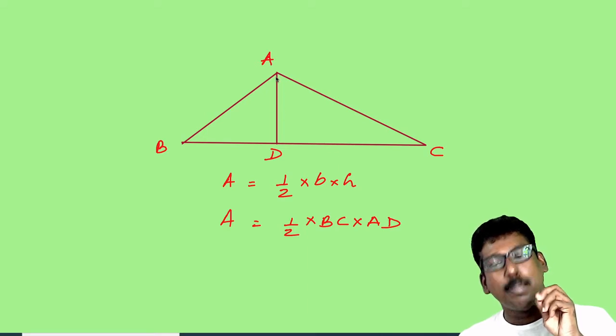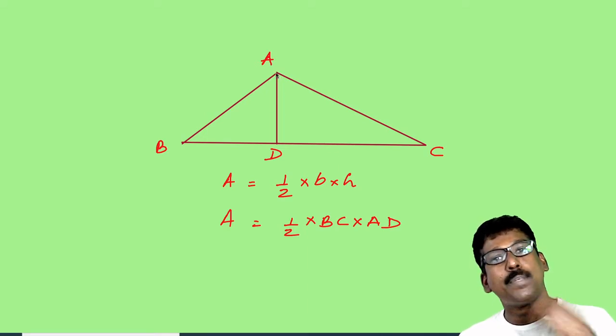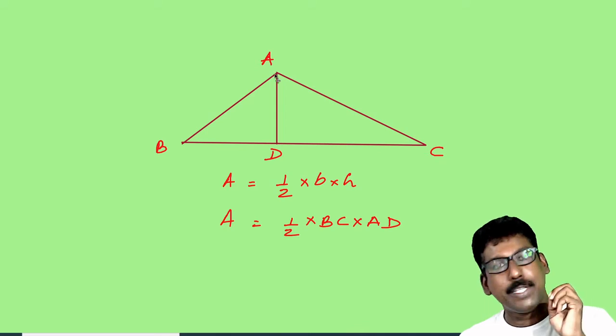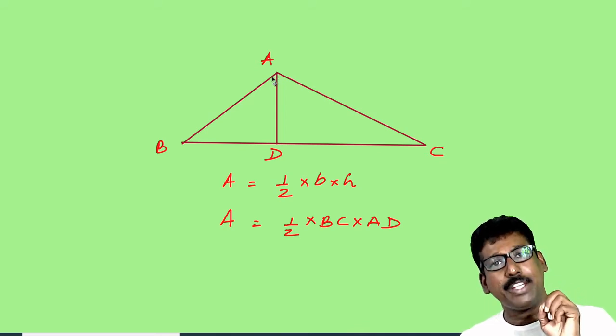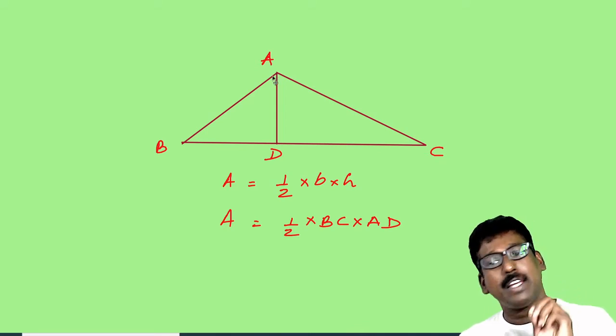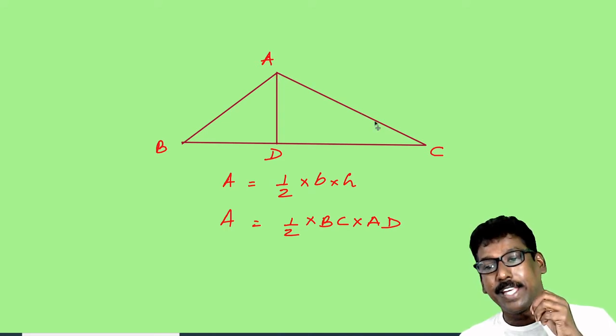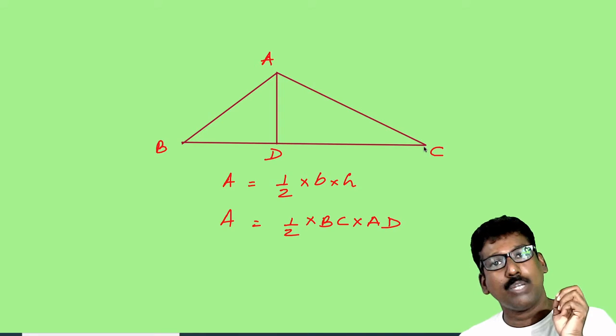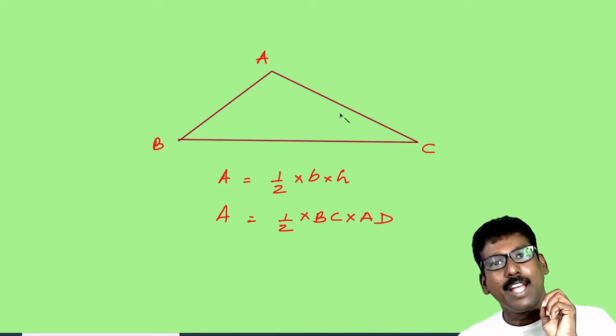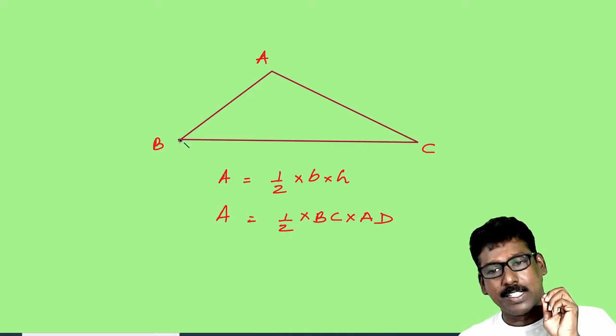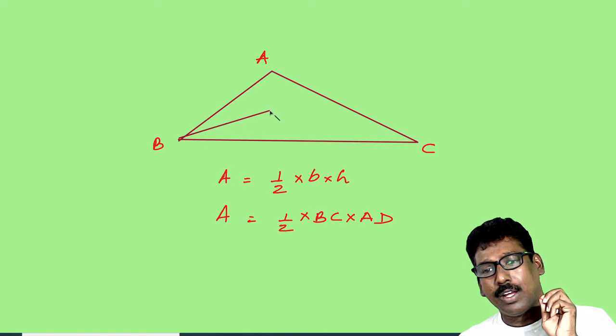AD is the perpendicular from the opposite vertex to the base BC. Now I want to find out the area of triangle ABC with base AC. How do you find it? Here I want to take AC as the base, then the opposite vertex is B. Now if you draw a line from B to AC, will it be a perpendicular here?